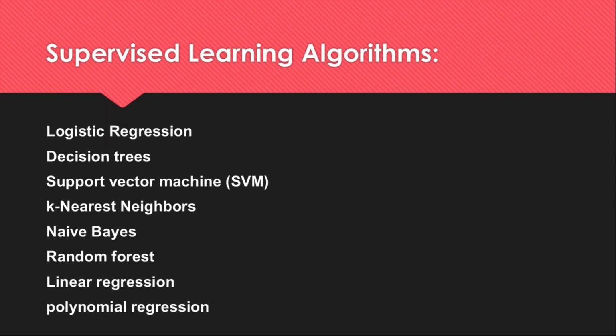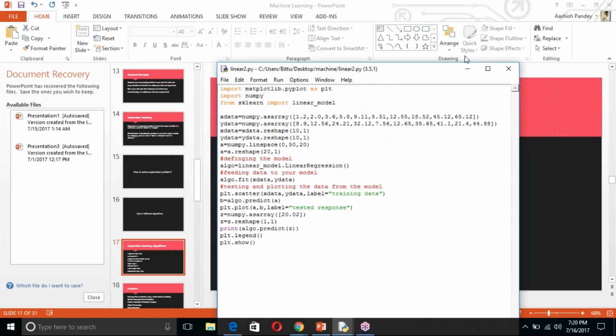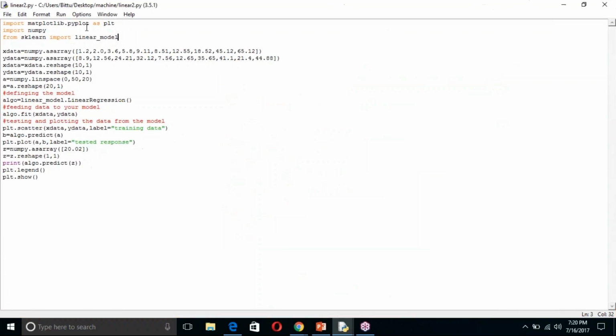So first we will solve the problem using mathematical formulas. Then we will use the different algorithms and libraries like scikit-learn, TensorFlow, and also Theano. Just wait a minute, I will show you one example. Let's take an example.